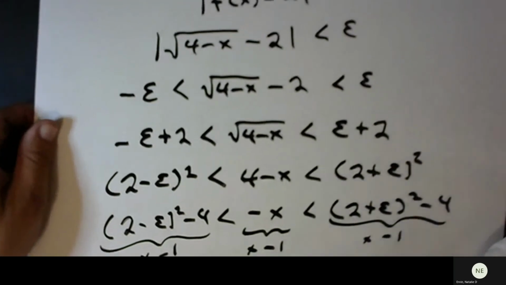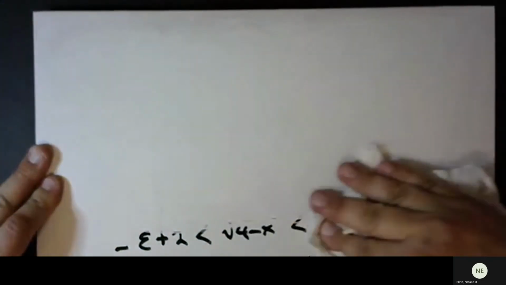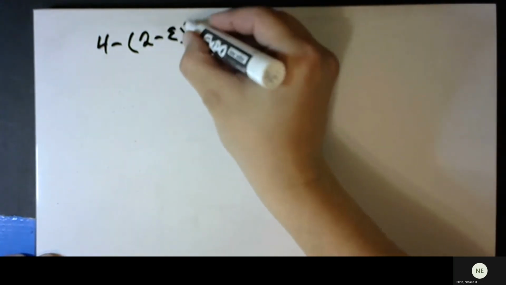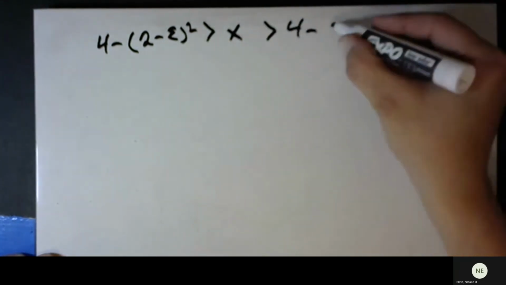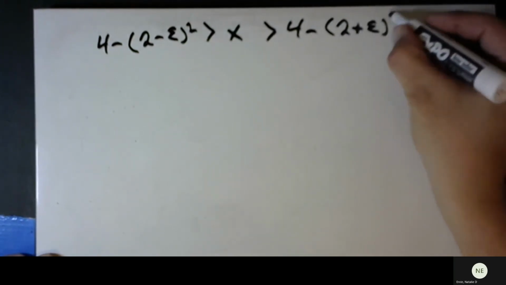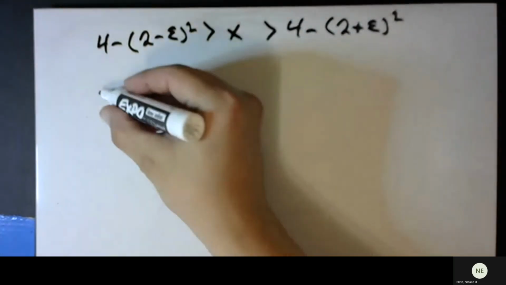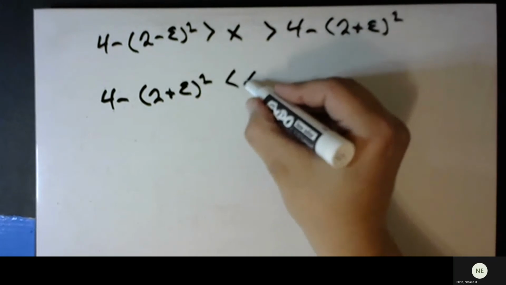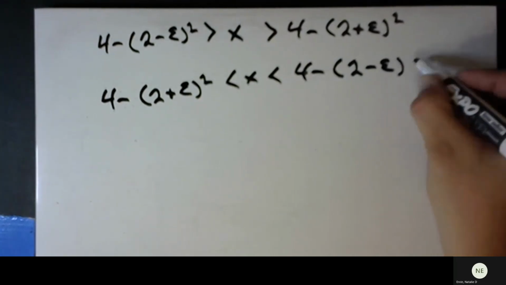We're going to get this. All right. So I'm just going to rewrite this so it's 4 minus (2 plus epsilon) squared less than x less than 4 minus (2 minus epsilon) squared.